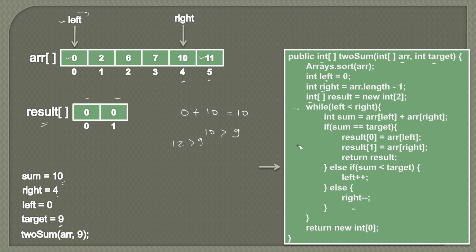So what we do is we simply shift right by decrementing it by one position, because we know that as the array is sorted, if we move right to this position, we will get a number lesser than 10. So the else part will be executed. Now right will point to 3, which is the third index.